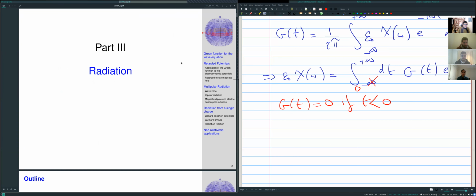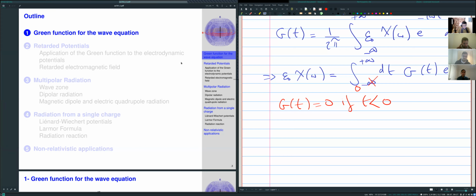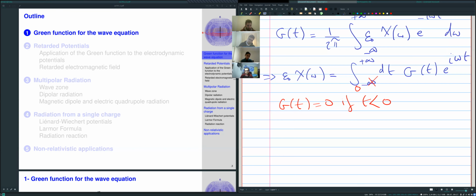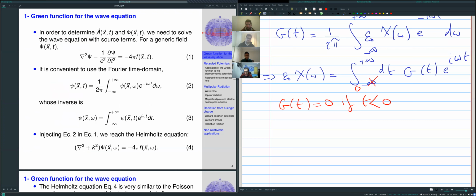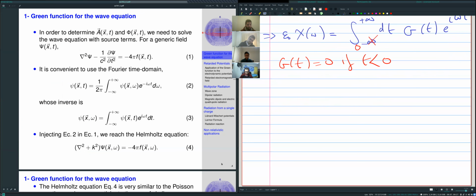topic, which is radiation, but that should be more familiar to you in general. Okay, so what we saw just now, I just reminded you, is that the electromagnetic potentials fulfill wave equations with the source term.